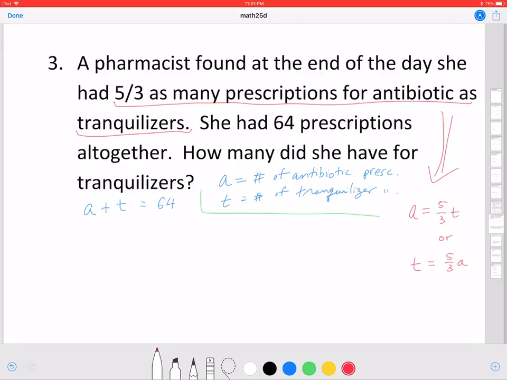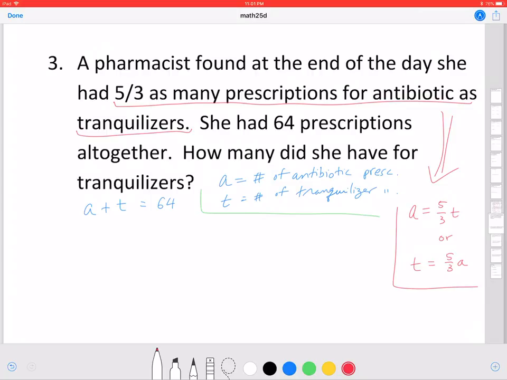What you need to determine is which was prescribed more, antibiotic or tranquilizer. And by reading this, it is the antibiotic that was prescribed more than tranquilizer.